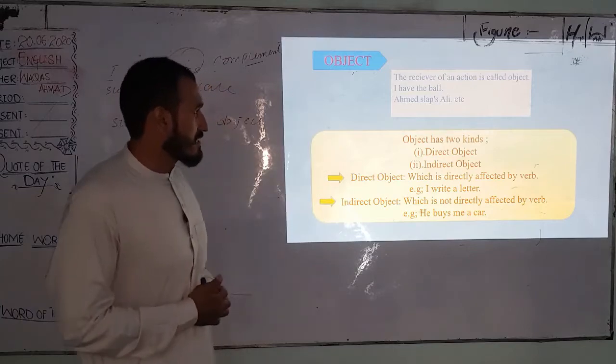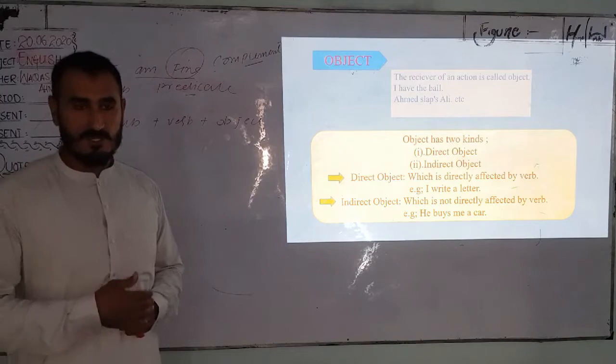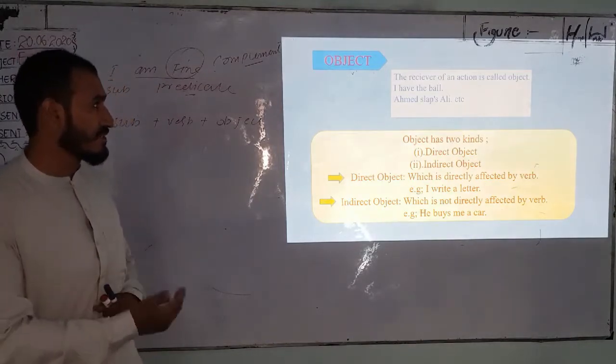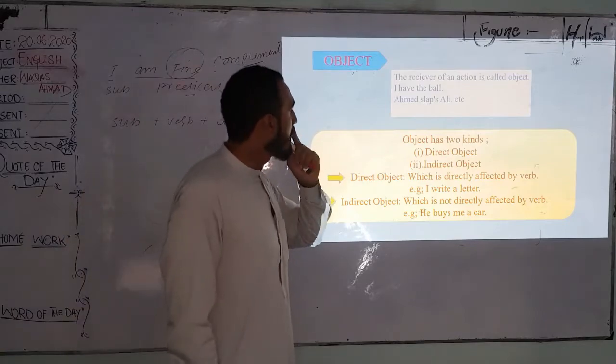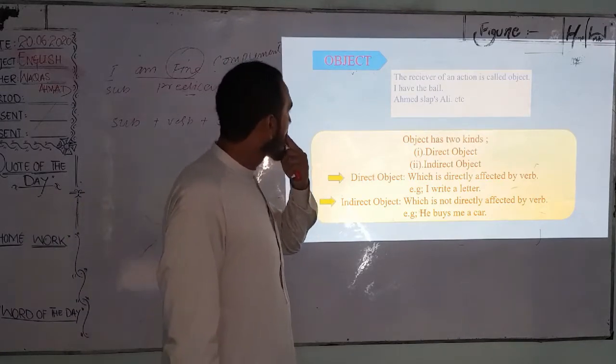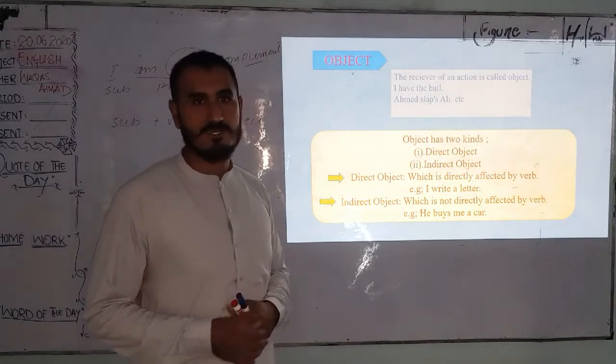What is object? The receiver of action is called object. That thing which receives action is called object. For example, Ahmad slaps Ali.